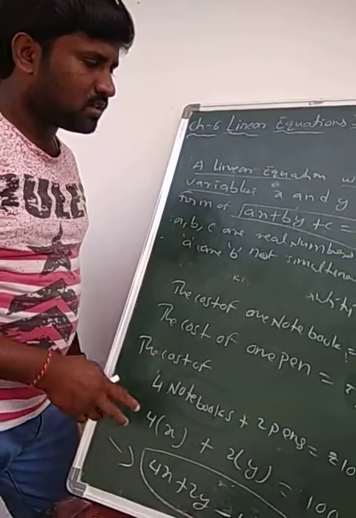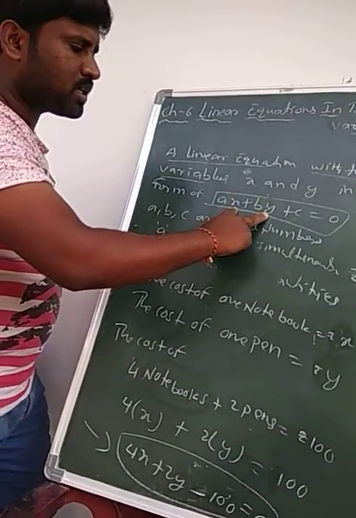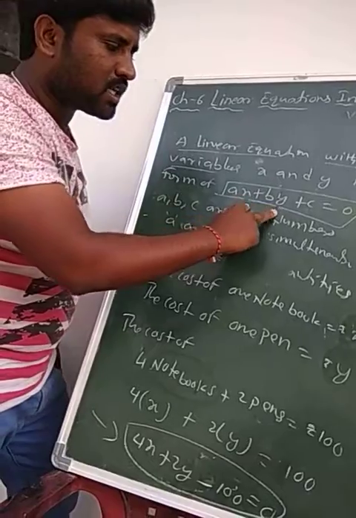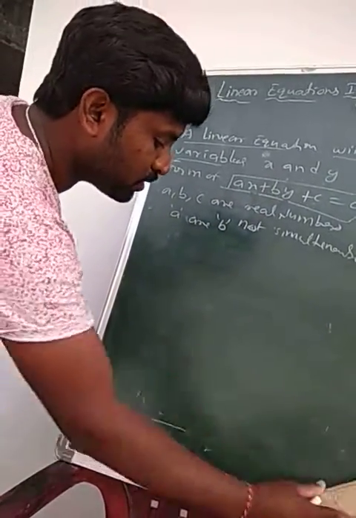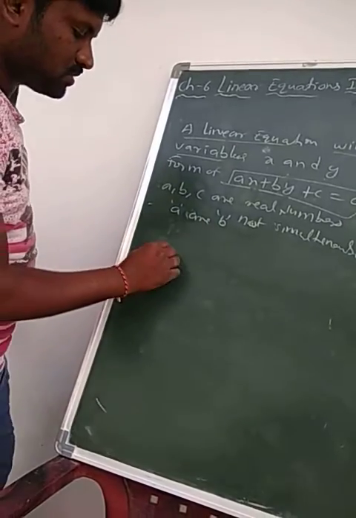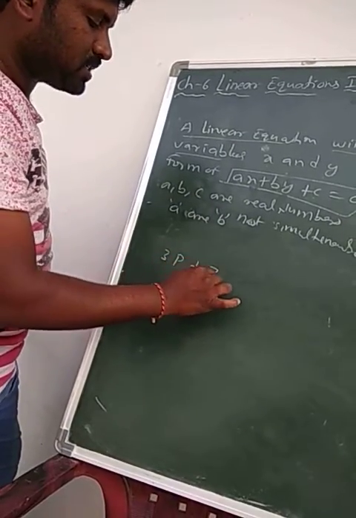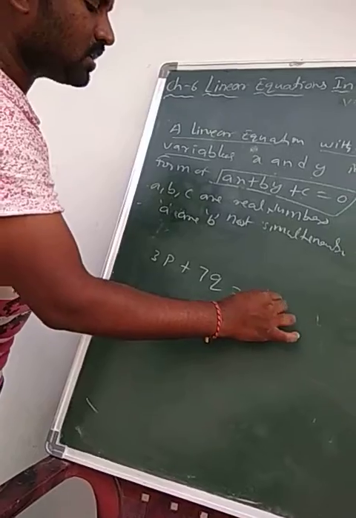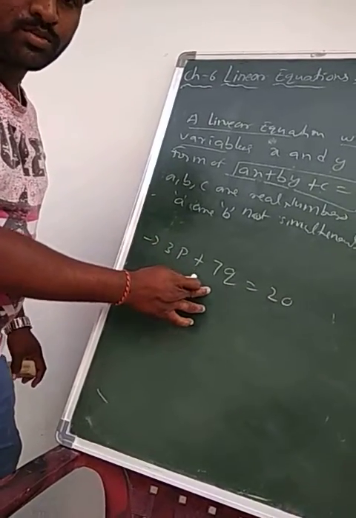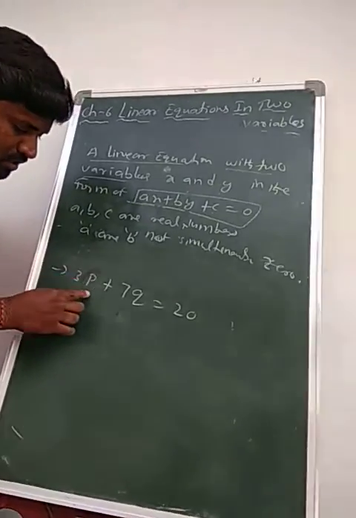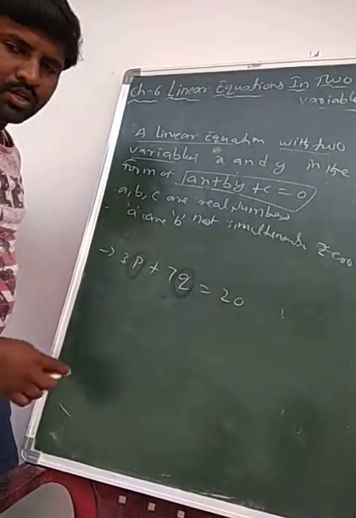In this situation, the two variables are x and y. Not only x and y, you can take other variables. For example, 3p plus 7q is equal to 20. This is also a linear equation with two variables. What are the variables here? p, q.